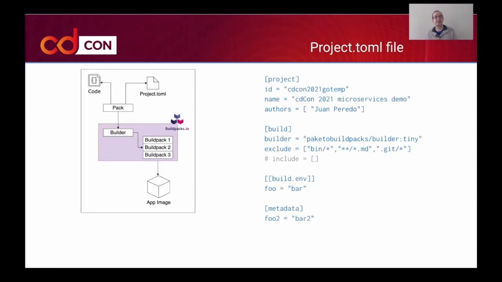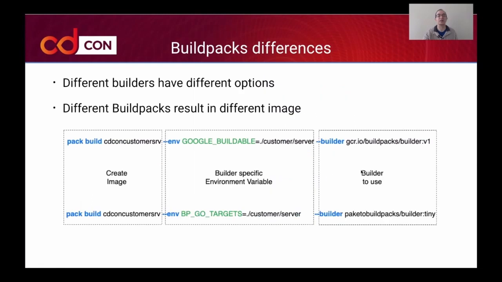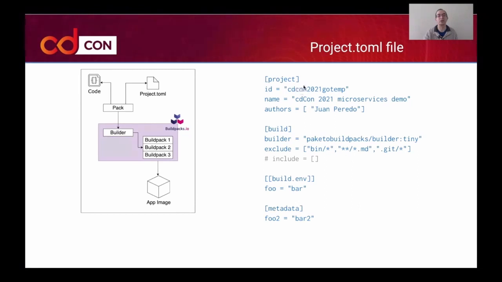Now, finally, because we don't want to always have to specify all these options every time we invoke Pack, we're going to use a Project.toml file. What's going to happen is Pack is going to take a look at our code and our Project.toml file to determine what the correct command to run is.